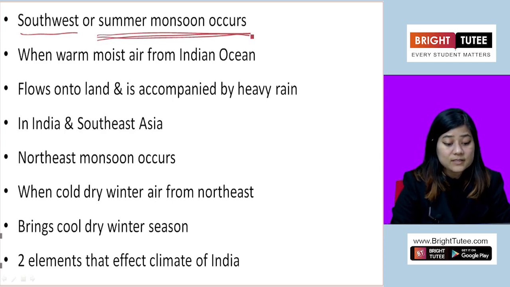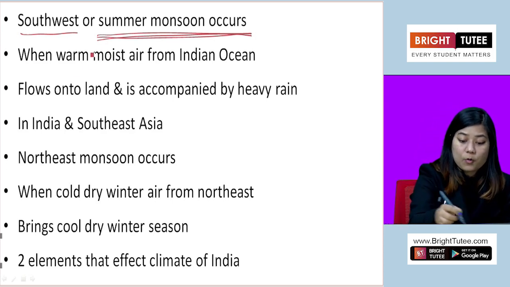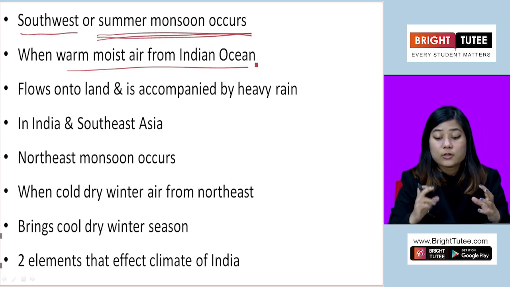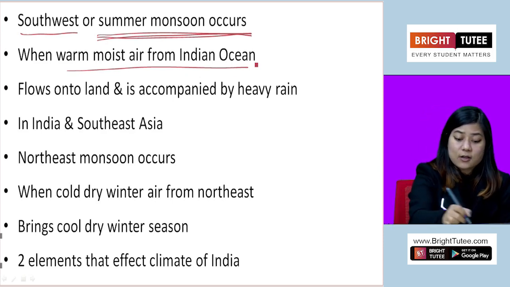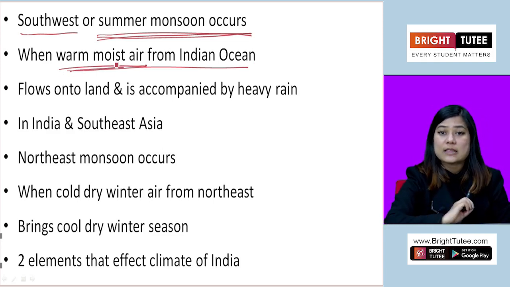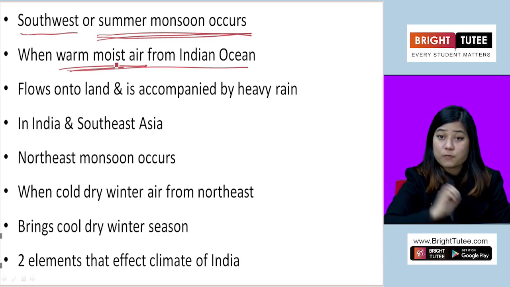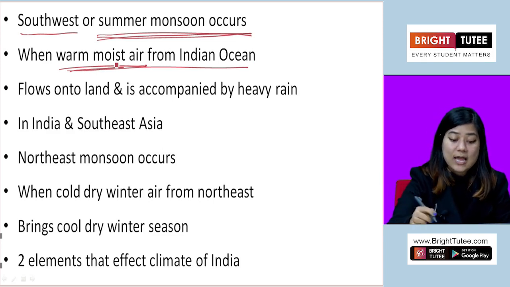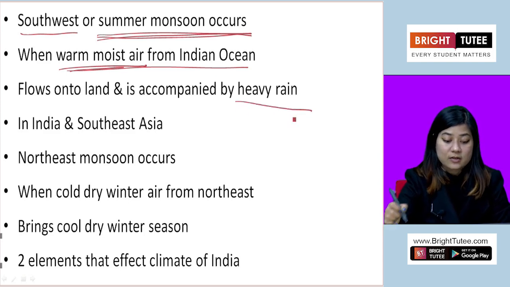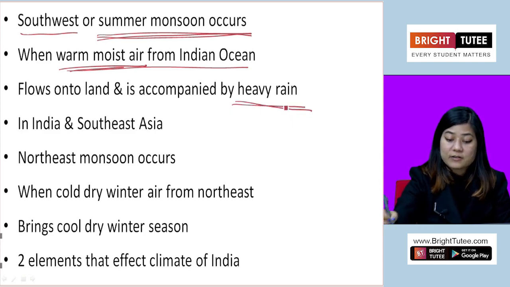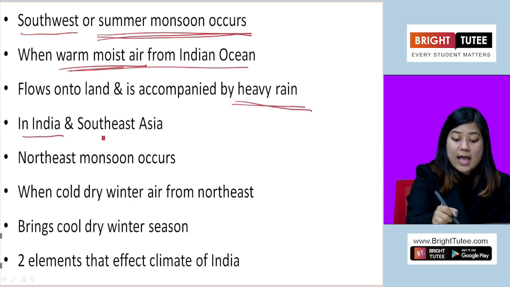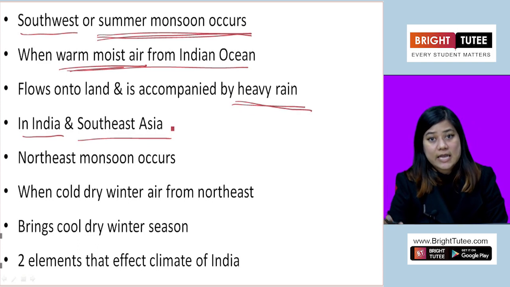And the wind carries warm moist air from the Indian Ocean from the southwestern direction, and that brings heavy rain in the land area of India as well as Southeast Asia.